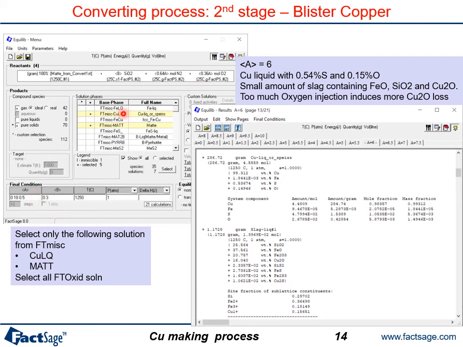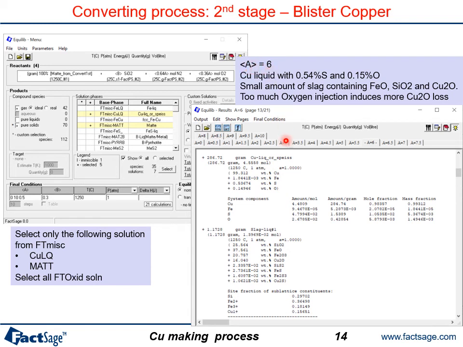The amount of SiO2 is extremely small because we have a very small amount of iron still remaining in our upgraded matte, and in order to remove that, we need only a very small amount of SiO2, 0.3 gram in this case. Then we are changing the oxygen from 0 to 10, average 0.5 mole, at 1250 degrees Celsius.